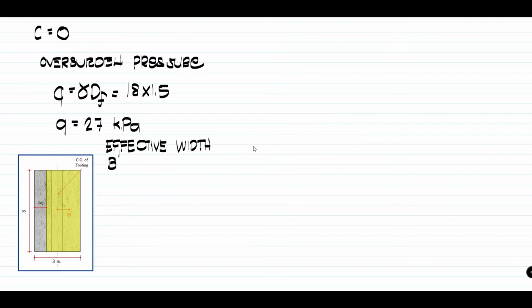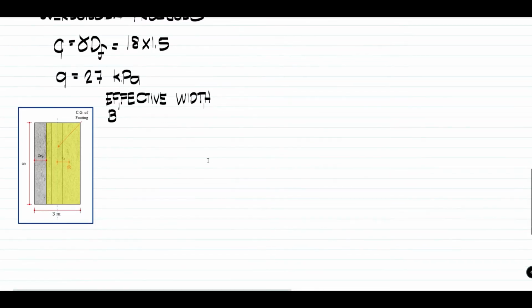So, for our effective width, syempre, coming from this figure, kung mapapansin natin, the eccentricity ex, which is 0.4, is parallel to the 3 meter side or the 3 meters width.